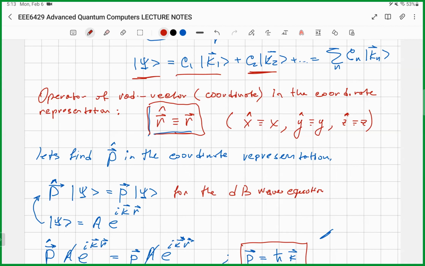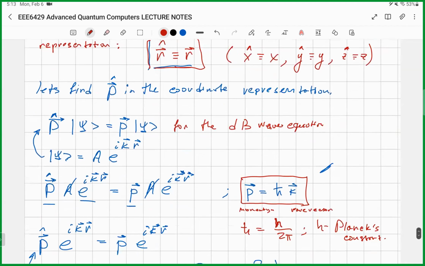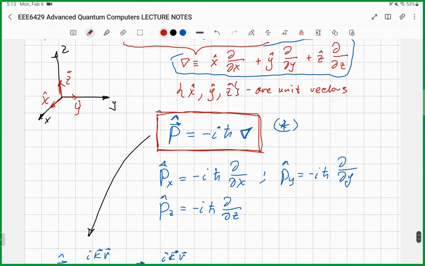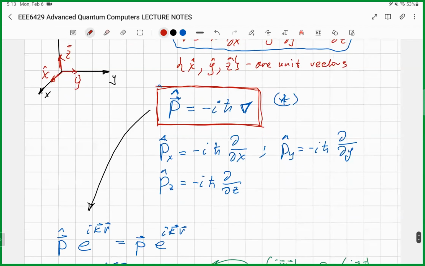In momentum representation, my operator would be just multiplying by momentum itself, etc. But in this coordinate representation, the operator of momentum we derived in this way.